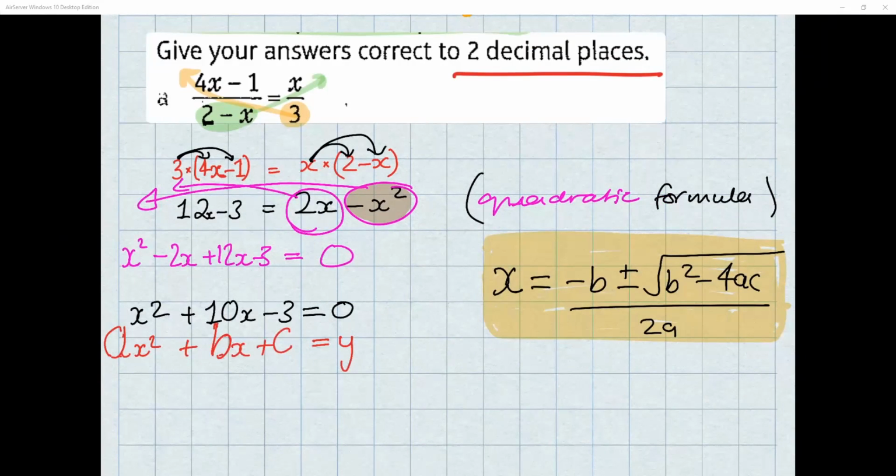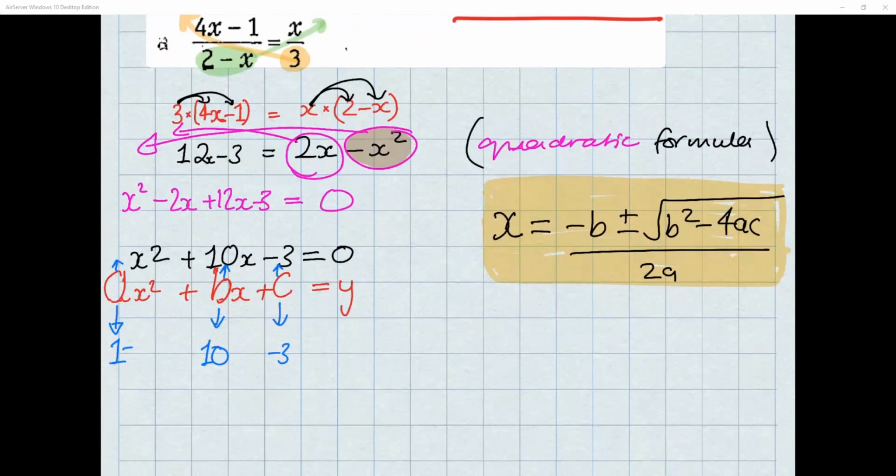The a is the number in front of the x squared. What is the number in front of the x squared for our question? 1. Well done. What is the b? Plus 10. And what is the c? Minus 3. Fantastic.